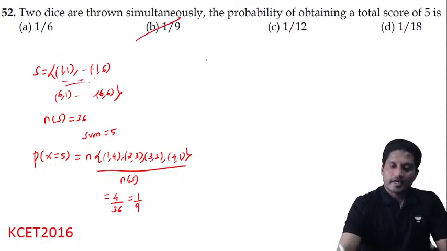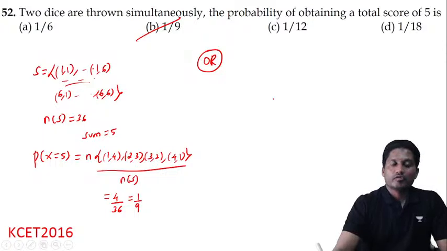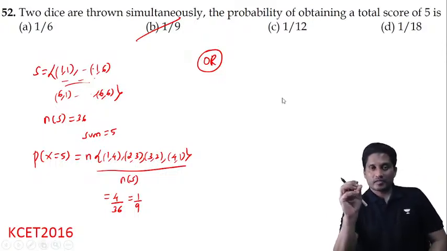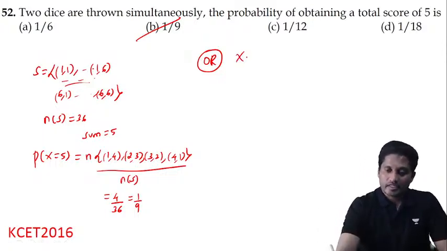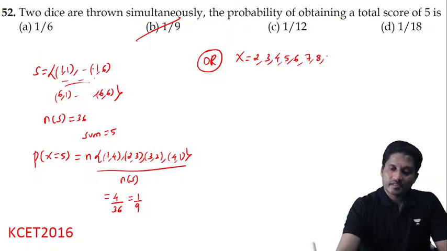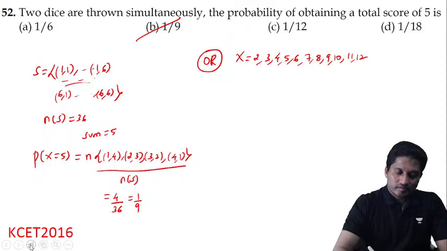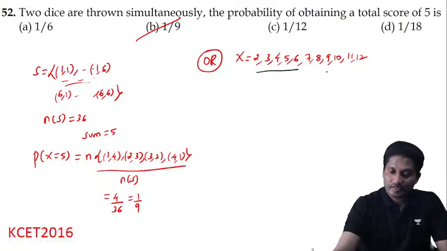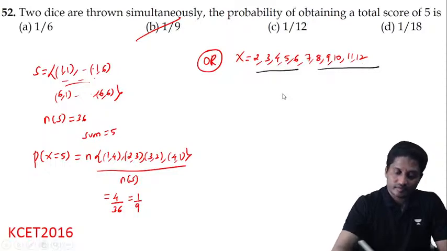Or I taught you this before as well. Two dice are rolled. Minimum sum is 2, maximum is 12. So x is equal to 2, 3, 4, 5, 6, 7, 8, 9, 10, 11, and 12. 5 on the left and 5 on the right. Middle term is 7 only.